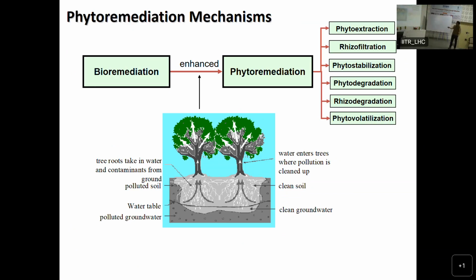Now, what happens when you provide the plants? Let's say this is a vadose zone. I'm not talking about the groundwater for the time being. This zone was polluted earlier by some pollutant. Before these plants were provided, there was contaminant.